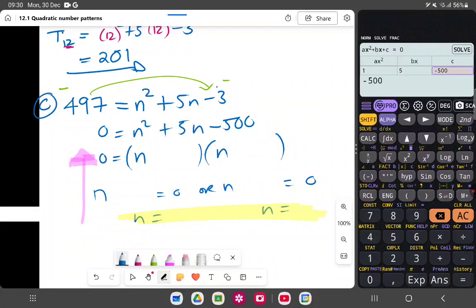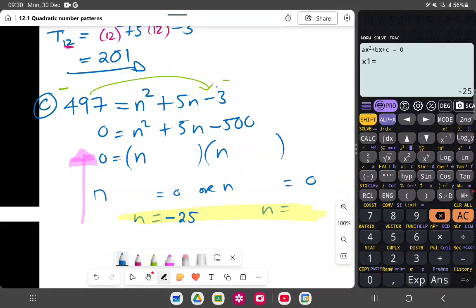So, on the calculator, we've done our input. I want you to either press equal, or you can use your arrow keys, okay? So if you press equal, you are going to get x1 equals negative 25. Where do you write negative 25? You write negative 25 on the yellow highlighted part.